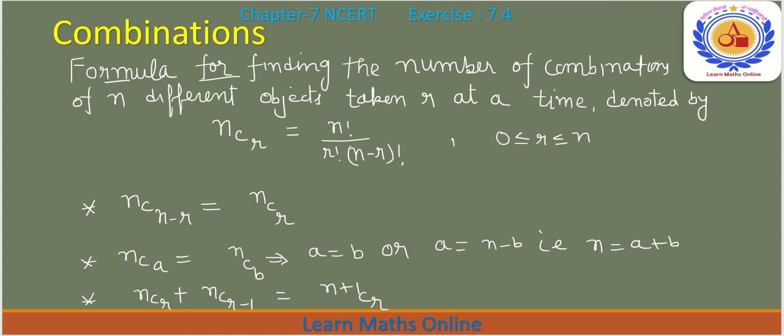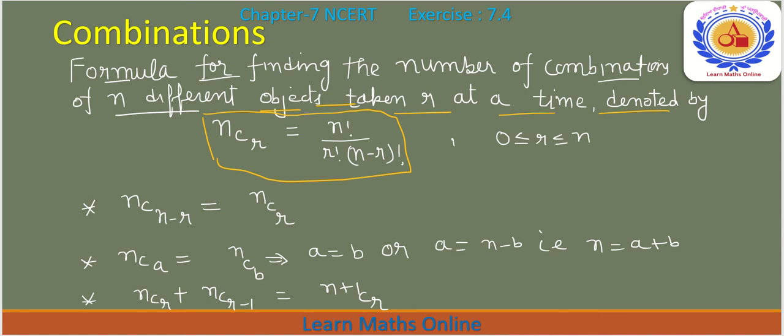The number of combinations of n different objects taken r at a time is denoted by nCr, and can be calculated with the help of this formula: nCr is equal to n factorial over r factorial into n minus r factorial, where r lies between 0 and n. And from this formula a few standard results follow.